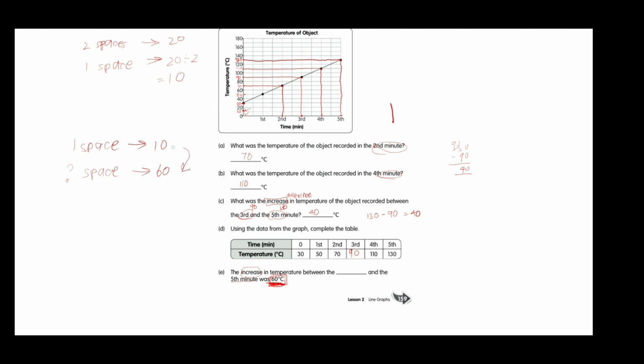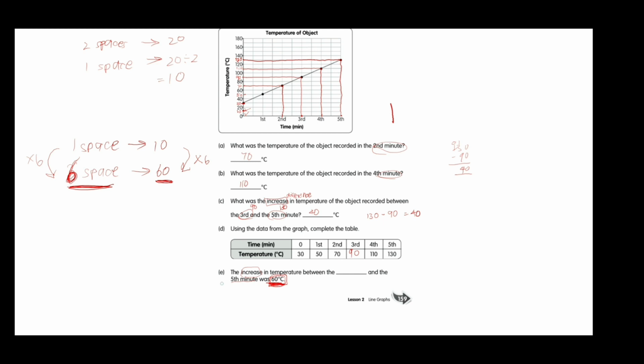To find that, we know that 10 times 6 is 60. So if I times 6 over here, I will times 6 over here. So 1 times 6 will give me 6. So I have found that 6 spaces represent a value of 60.